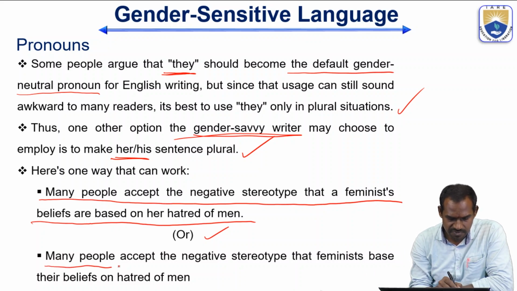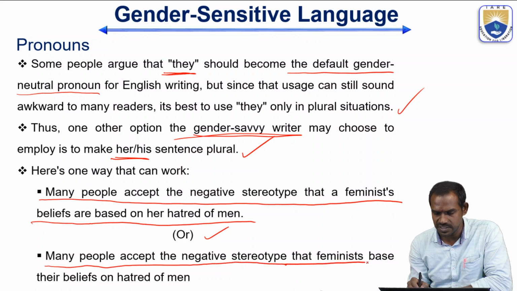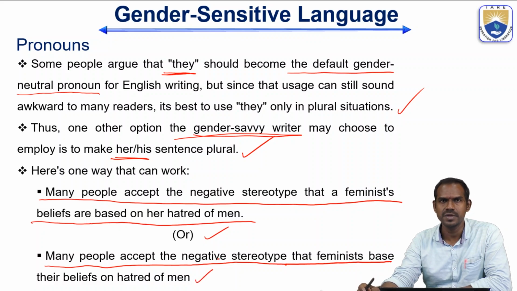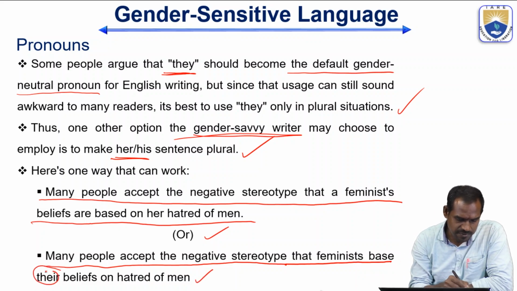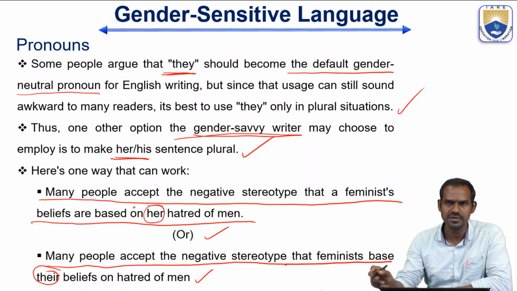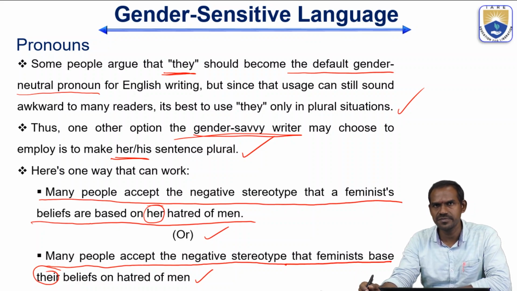Please observe carefully. Here they used their, and in the first sentence they used her hatred of men. So based on the sentence framing, the gender can be represented by the corresponding sensitive language. That is why we refer to this concept as gender sensitive language.